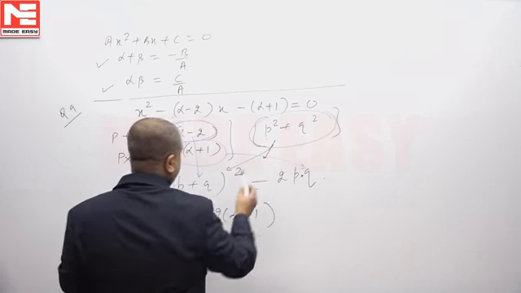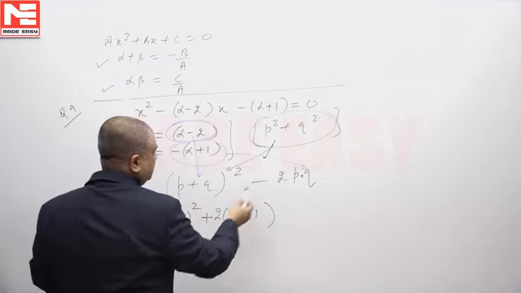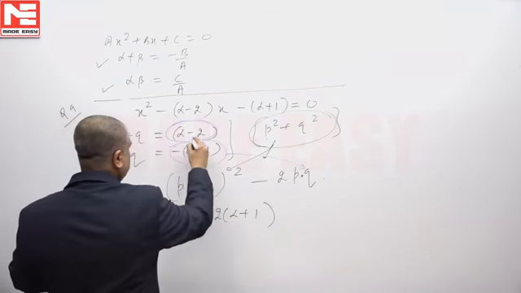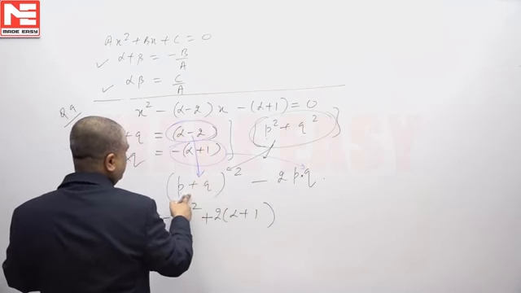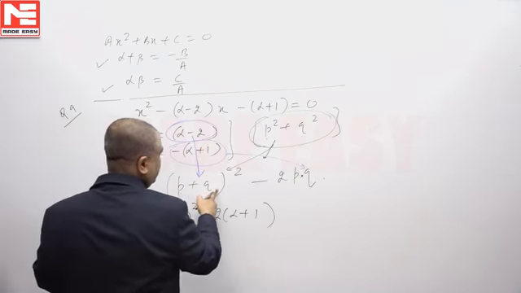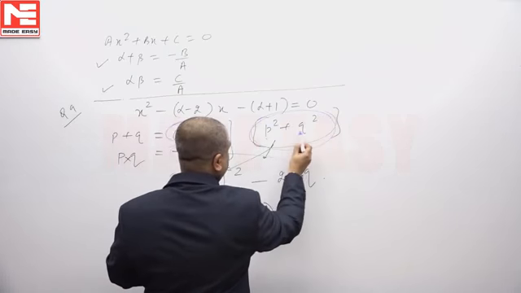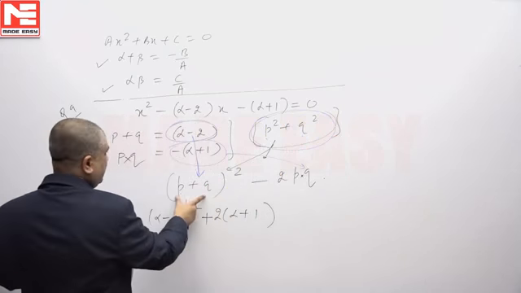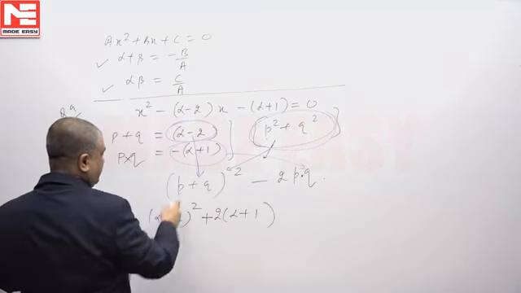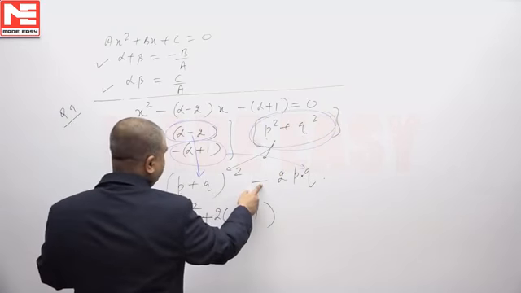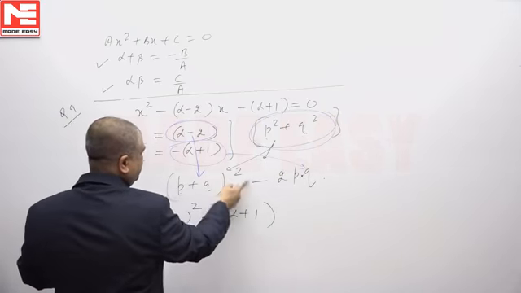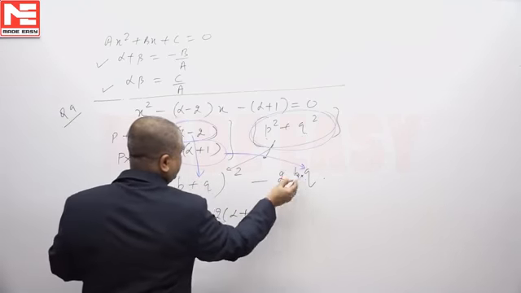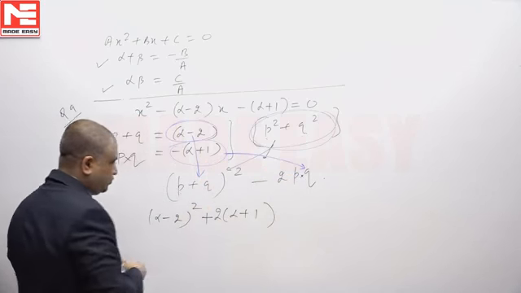P square plus q square is (p plus q) whole square minus 2pq. We already have the value of p plus q with us, so we can substitute here: p plus q is alpha minus 2 whole square. So we have (alpha minus 2) whole square, and minus 2pq will be plus 2 into (alpha plus 1), substituting the value of pq.